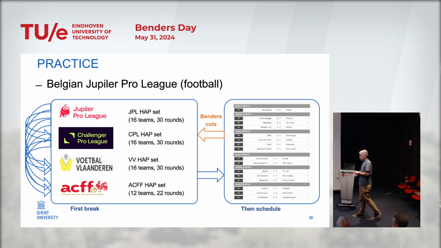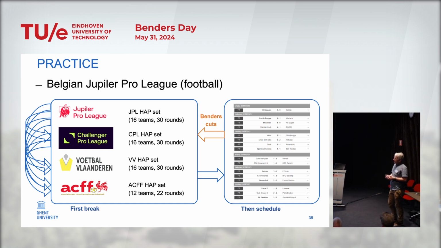And while in the old days, you could schedule them hierarchically, you could say, well, I'm going to schedule this one first and then care about this one, then this one, this one. That's no longer possible because these competitions are very heavily linked. It could happen that a team shares a stadium with a team in a different competition. And since a couple of years, the under 23 teams have been added to the professional and amateur competitions.